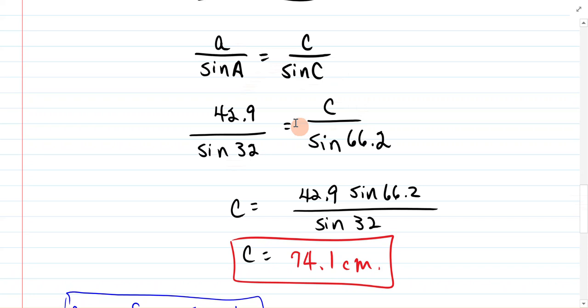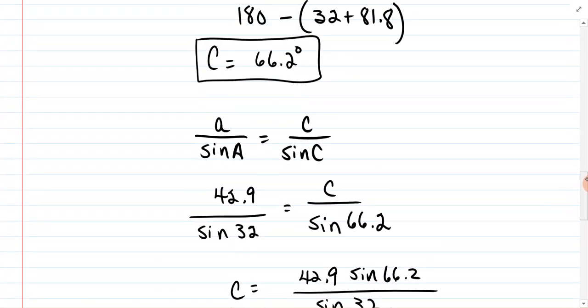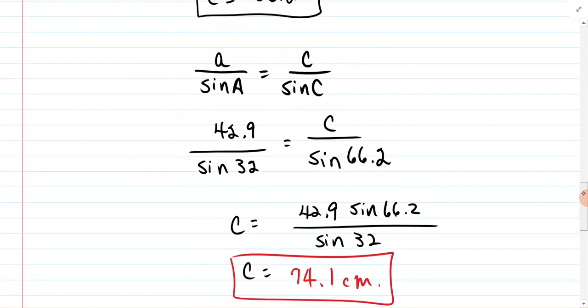We're going to cross multiply, divide by this piece. So we have c equals 42.9 times sine of 66.2 divided by sine of 32. We get c is 74.1. So pretty straightforward on that.